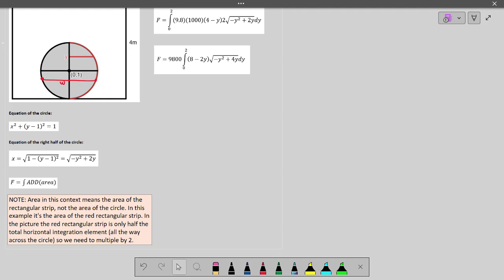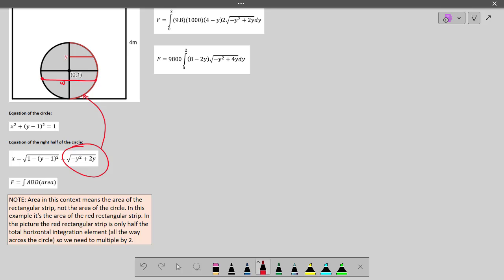If we chose the negative in front of that square root, we would be getting the left half of the circle. So that equation right there, and I simplified it by FOILing this out, the ones will cancel. So here's our simplified form of the right edge of the circle. This right edge right there is that function.